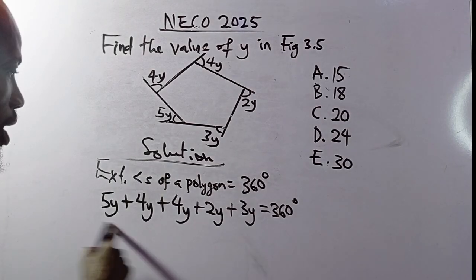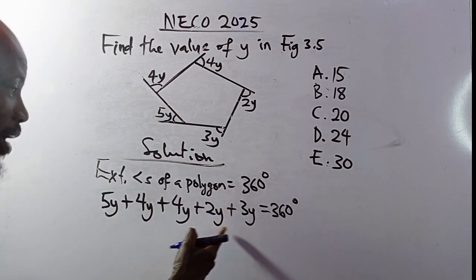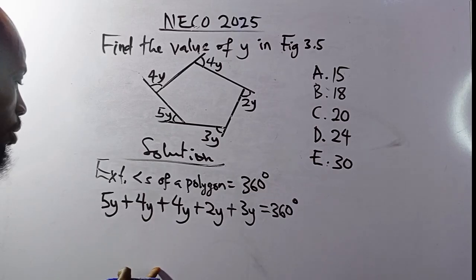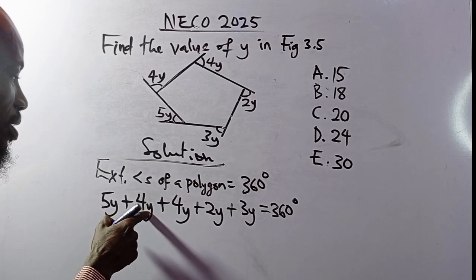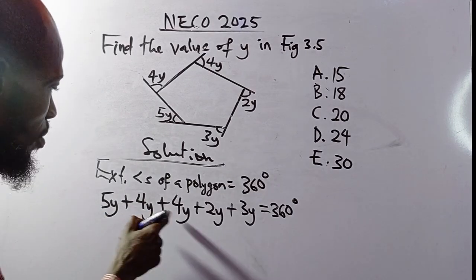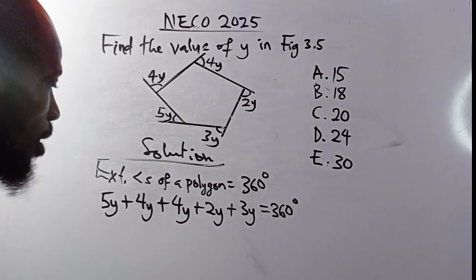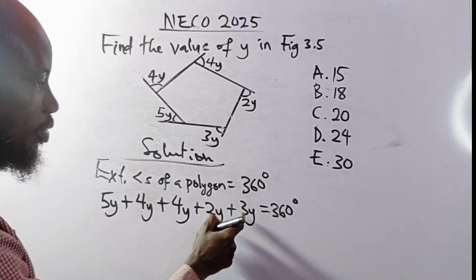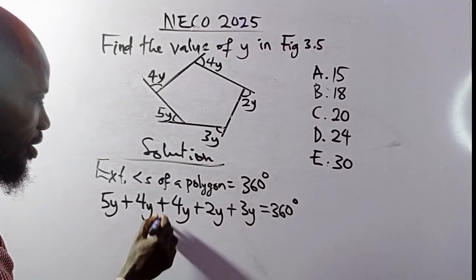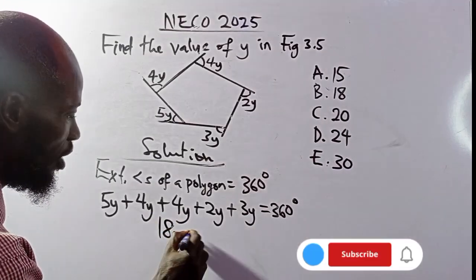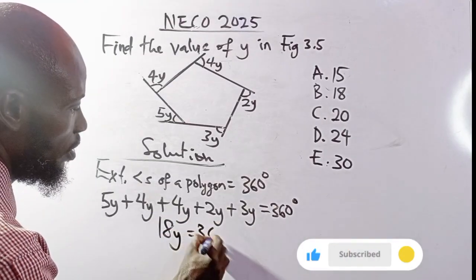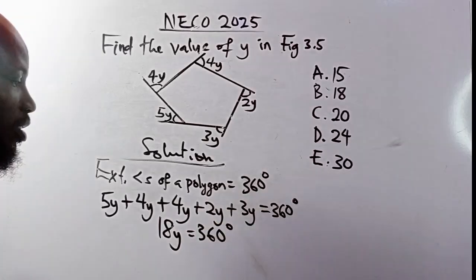So now, since they are all y terms, we can add them up. So 5 plus 4, that's 9, plus 4, that's 13, plus 2, that's 15, plus 3, that's 18. So that gives us 18y equals 360 degrees.